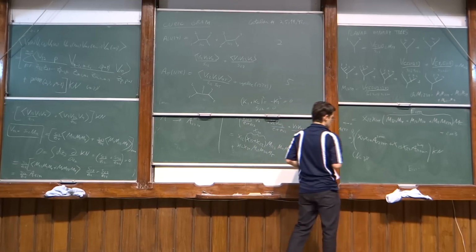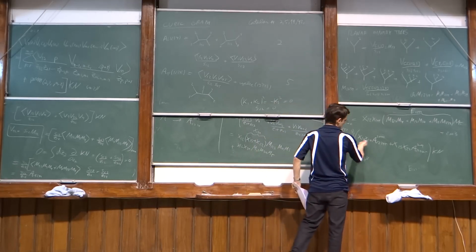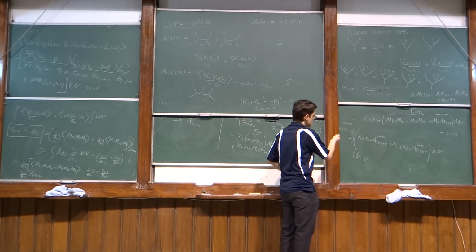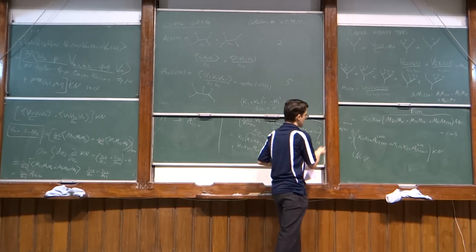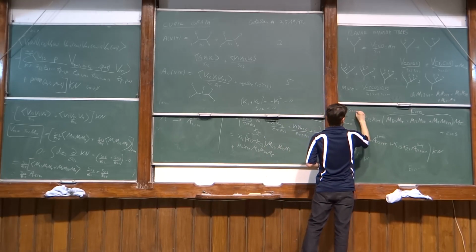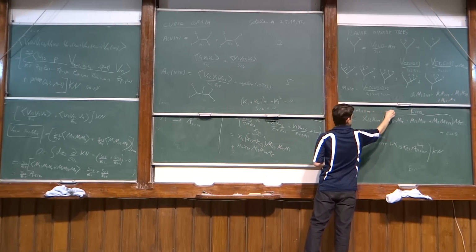The BCJ relations. So you can, of course, study the integrals and actually get the relations among amplitudes like S12 Yang-Mills 1, 2, 3, 5 plus some terms equals 0.